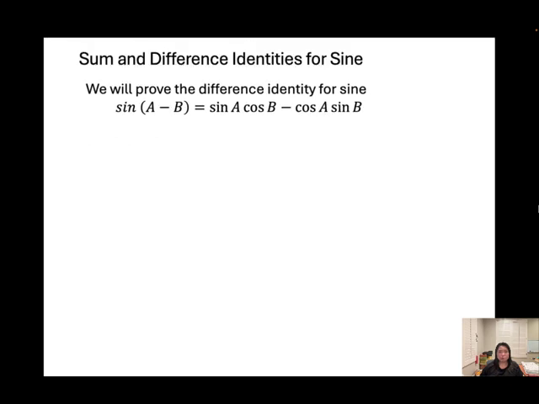Now we're going to prove the difference identity for the sine. We have sine A minus B equal to sine A cosine B minus cosine A sine B. What we're going to do is take advantage of the sum identity for the sine, writing this as sine A plus negative B, and then use the previous identity.